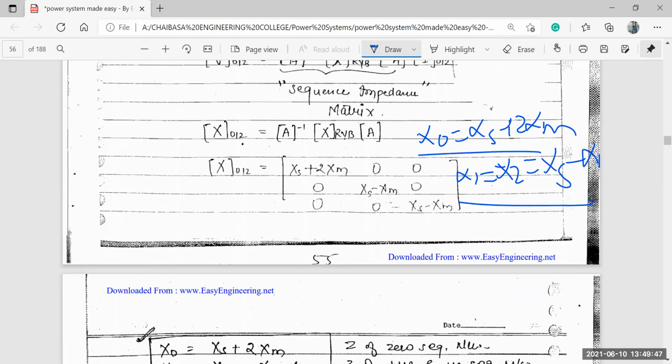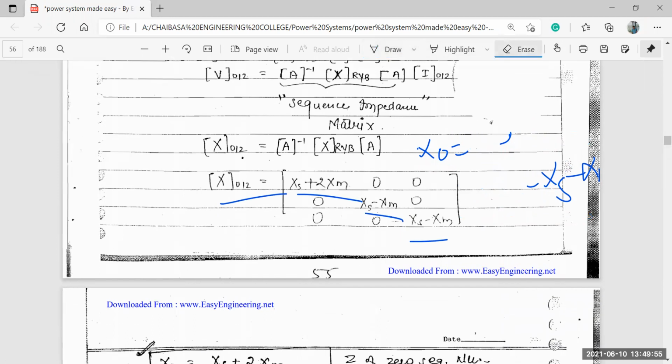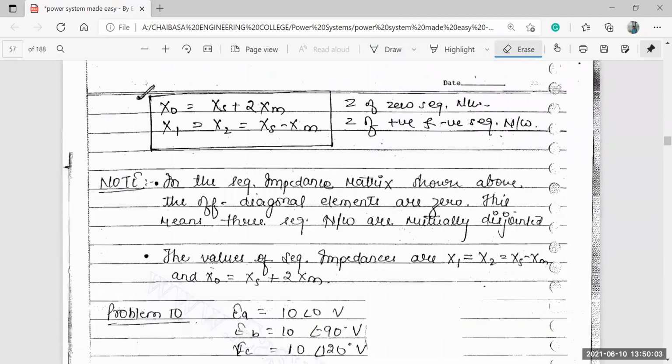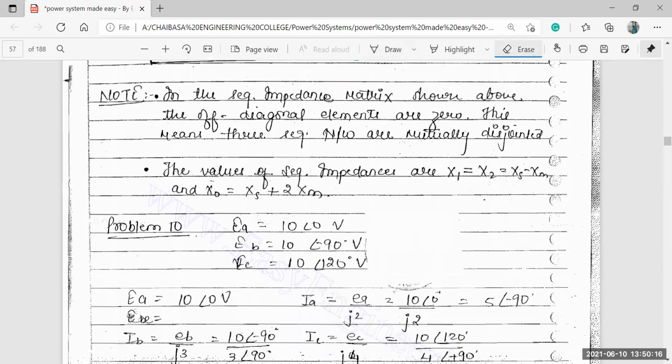These we derive from this particular matrix. See over here, this is the zero sequence component, and these are the negative and positive sequence components. Now, what we have to note is that in the sequence impedance matrix shown above, the off diagonal elements are zero.